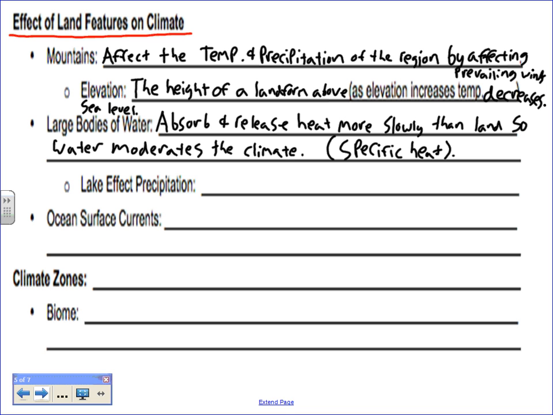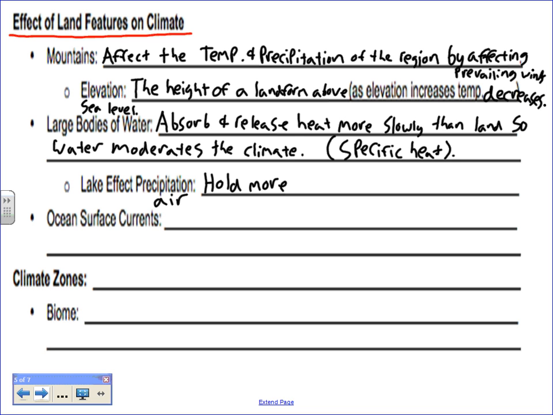Okay. So another thing we're going to look at is lake effect precipitation. And this is another effect water has on climate. Lake effect precipitation: air over a lake holds more moisture than land, so increased precipitation is common. Okay? And we're talking about air here.